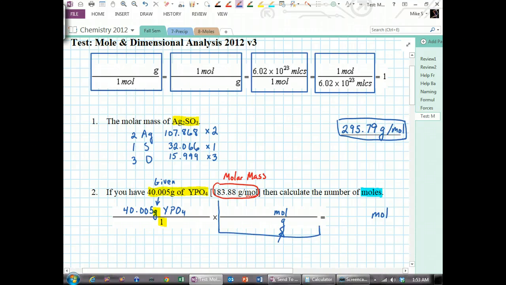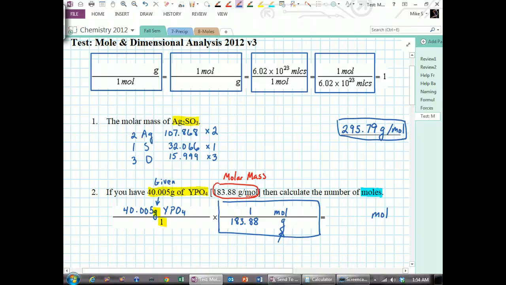So this fraction right here, I'm going to use the molar mass of yttrium phosphate, and 1 mole of yttrium phosphate weighs 183.88 grams. Now notice I put the 183.88 grams down below. I knew that was associated with the grams, and so I had to put it down below.